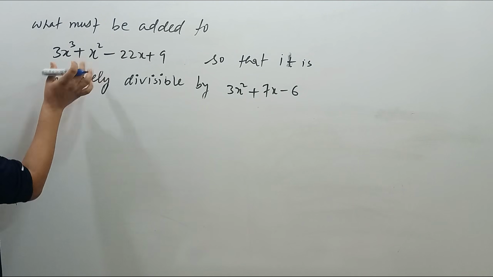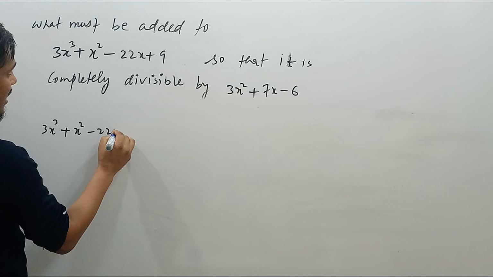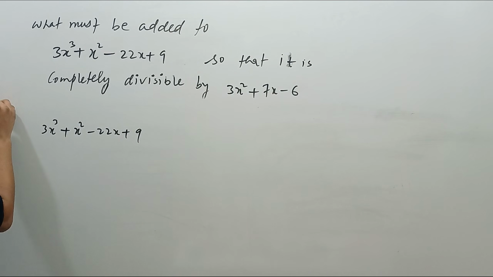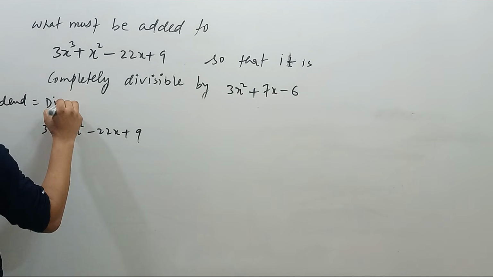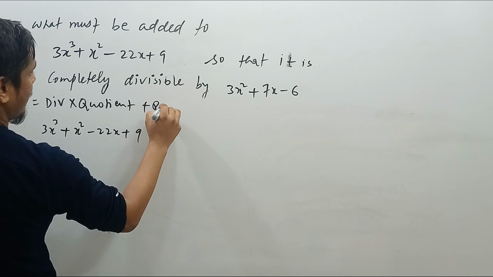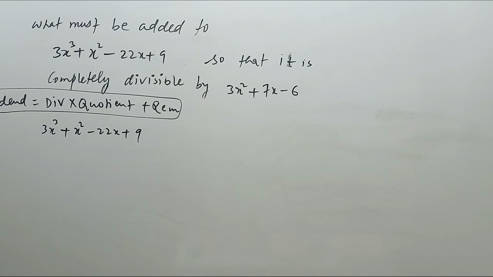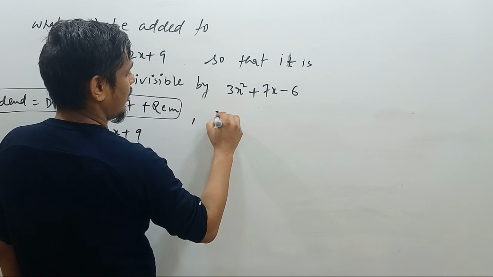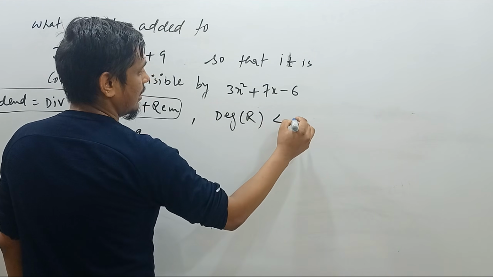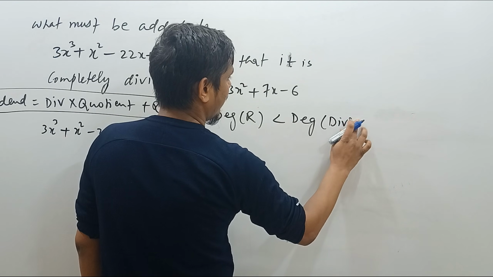So what we have is 3x³ + x² − 22x + 9. The division algorithm says that dividend is equal to divisor times quotient plus remainder, where the degree of the remainder is less than the degree of the divisor.